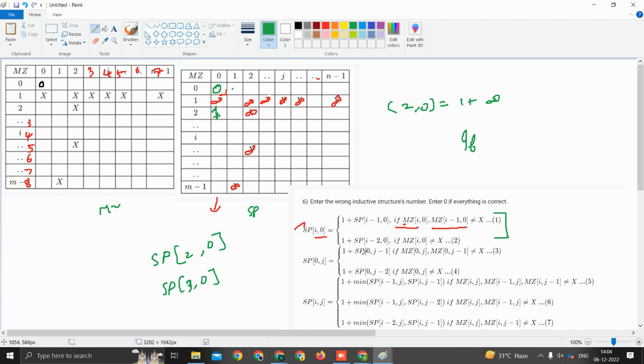So this point is saying if maze of 2 comma 0 is not equal to x, which is correct, right? So yes, they are saying put 1 plus this point. You asked me to change 0 comma 0 to 1, which is not the case because we are equating I comma 0 equal to. We are not changing that. You are taking that value plus 1 to this. Okay, understood.